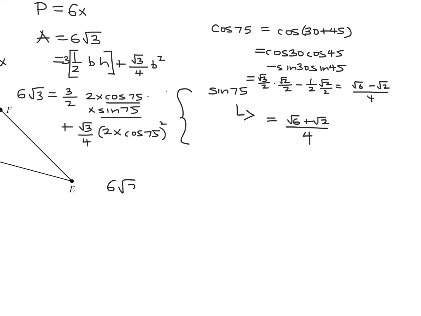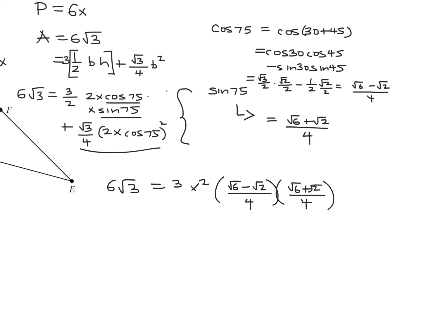So 6 root 3 would be 3 over, well, actually 3. Let's see if we can do this without making any mistakes. X squared, and then we've got the cos of 75, which is root 6 minus root 2 over 4, and the sine of 75, which is root 6 plus root 2 over 4. Correct?